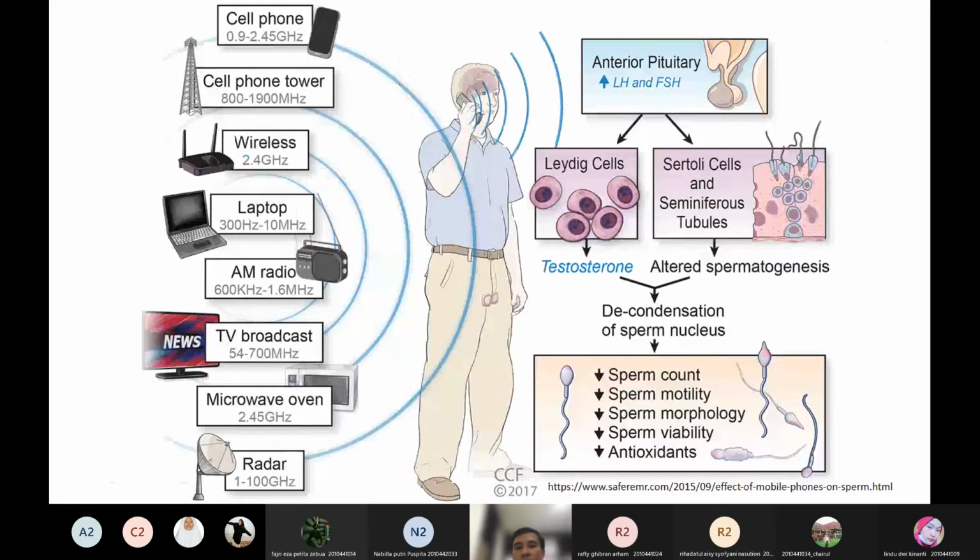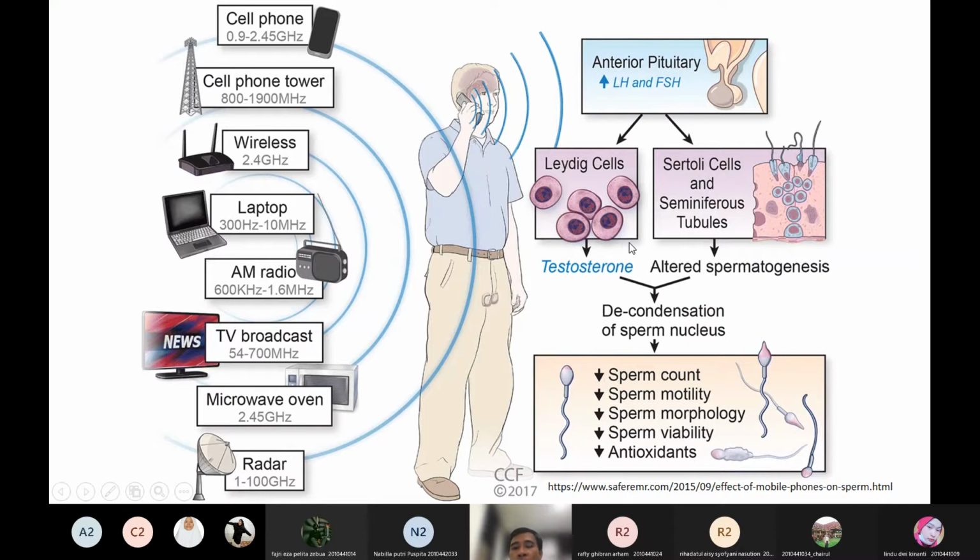And also recently, as you read in many papers, and particularly in 2017, there is research showing that actually the electromagnetic radiations also could affect the hormones of our body, and it will reduce your reproductive capability.